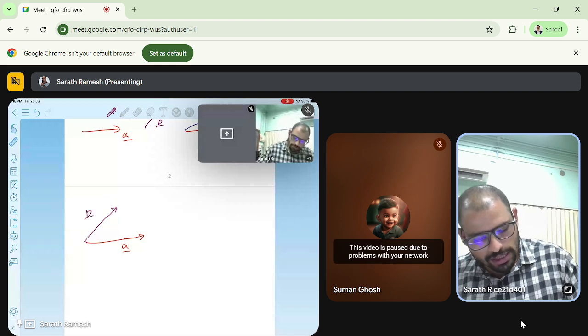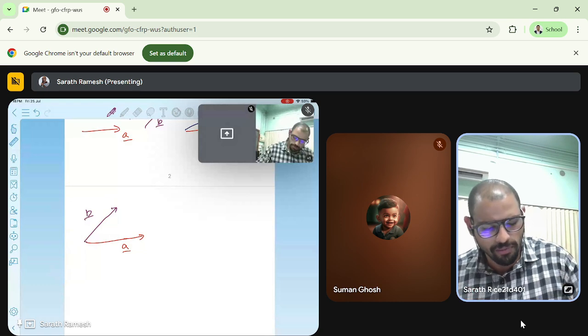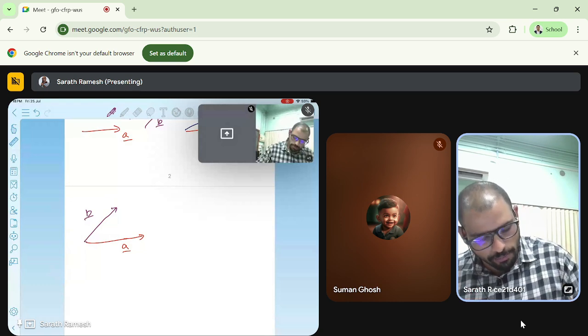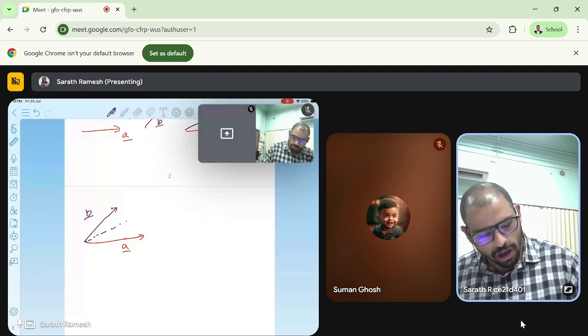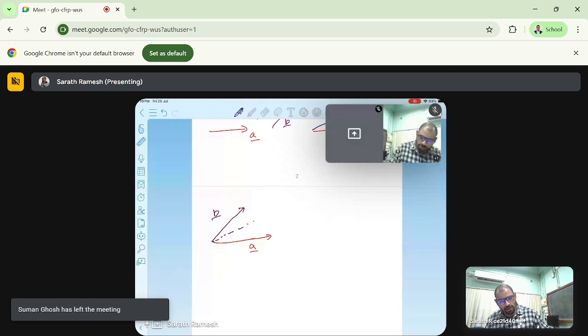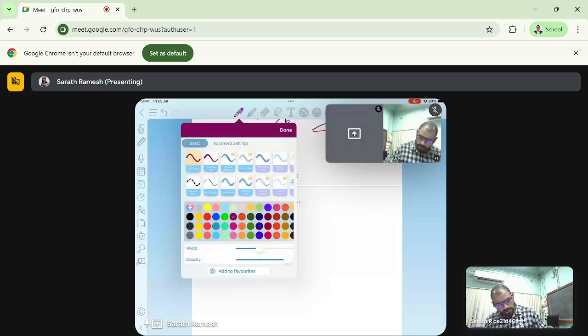Let's complete the parallelogram. This is the opposite side of vector A, and this is the opposite side of vector B. So the diagonal is the same as the C vector, which is A plus B. This is how we add two vectors.